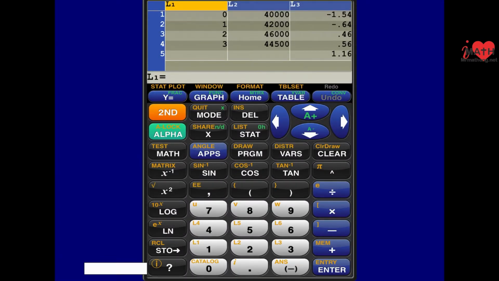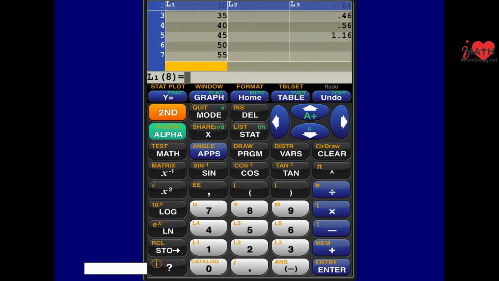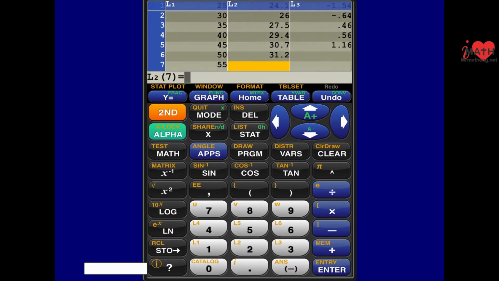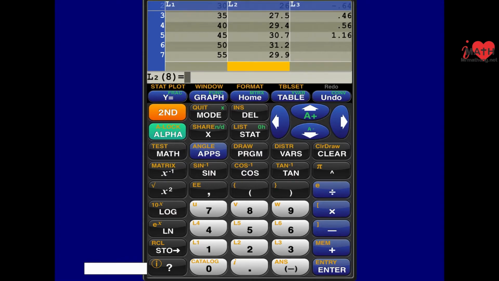Go up there, press clear, enter, and then looks like it's just counting by 5s: 40, 45, 50, 55, and then 24.1, 26, 27.5, 29.4, 30.7, 31.2, and 29.9. Okay, I see that my lists match.